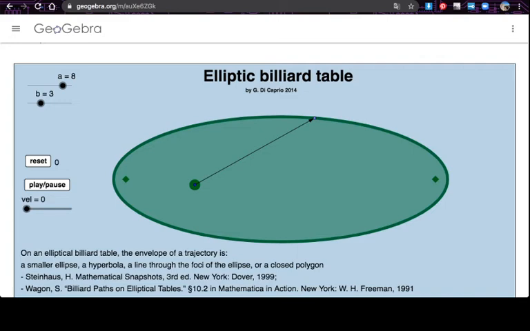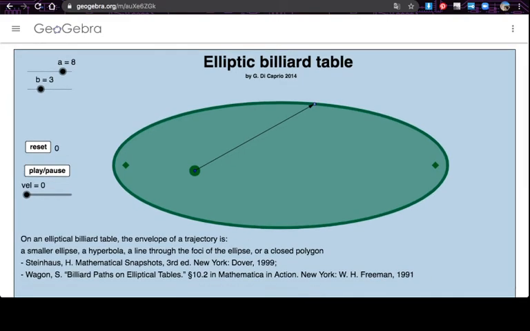The idea is that on an elliptical billiard table, the envelope of a trajectory is a smaller ellipse, a hyperbola, a line, whatever. Let's just play it. The two squares on the side are the foci, and the ball is being shot from somewhere that is not on the foci.